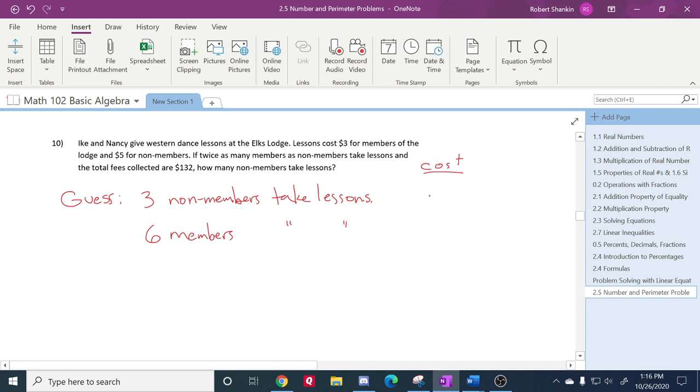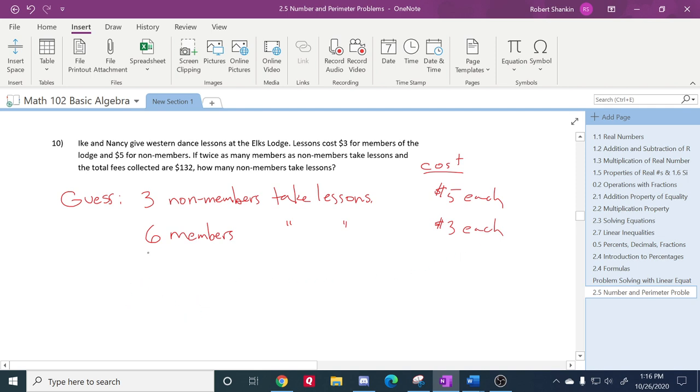For the 3, it costs $3 for members and $5 for non-members. All right, so these 3 are going to cost $5 each. And for the 6 members, it's going to cost $3 each.